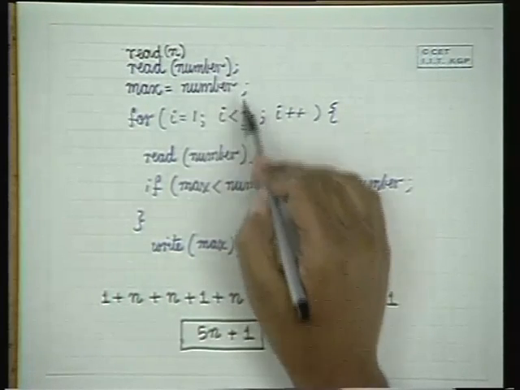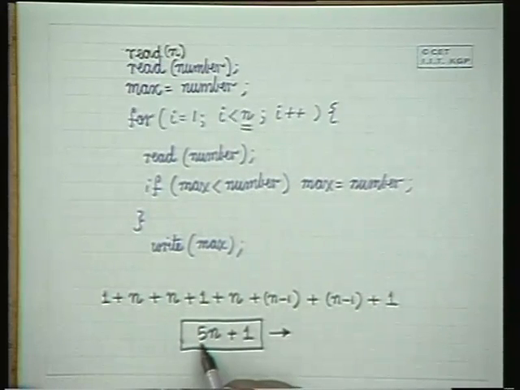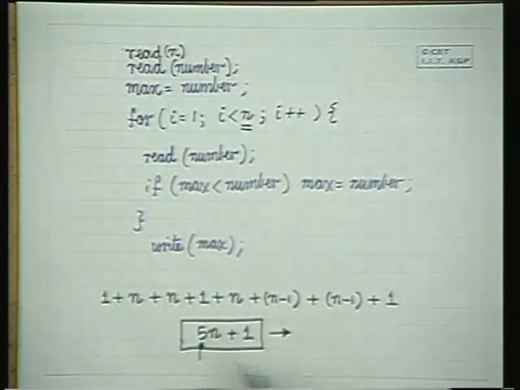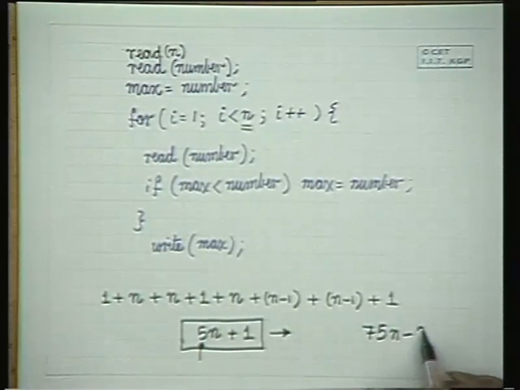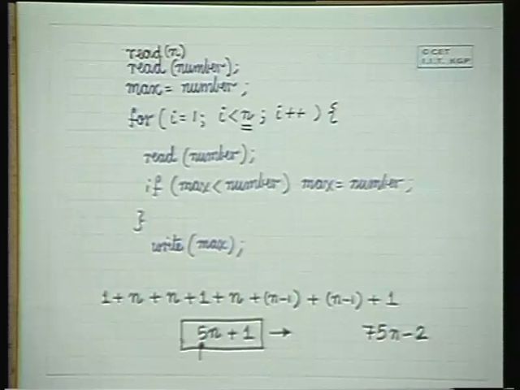Now since we have made it unit time, this fellow actually has got very little relevance. If somebody has got 75n minus 2, on a faster computer this may run faster than this.